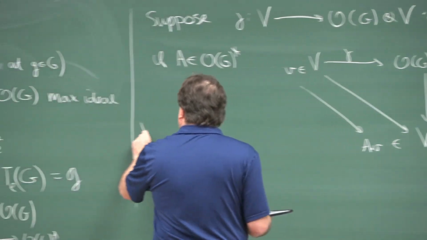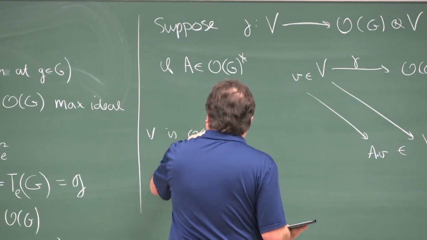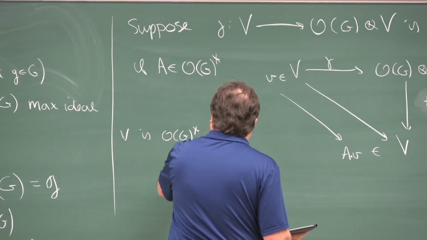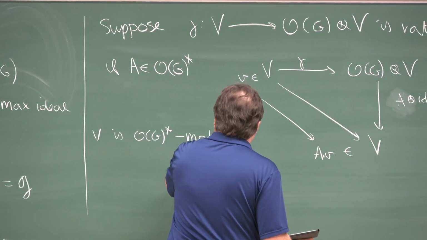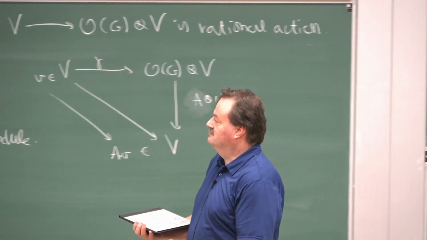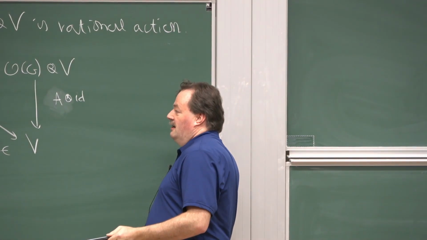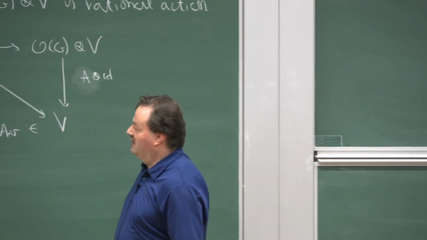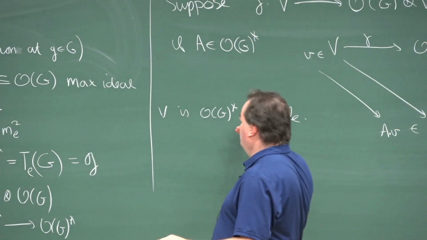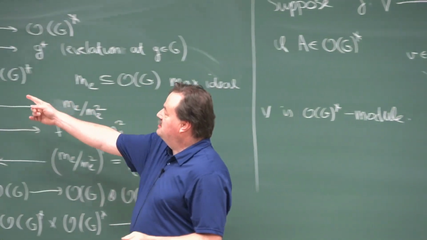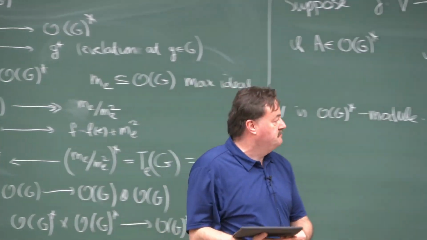So V is an O(G) dual module. This also defines an action of the Lie algebra on V, and in particular an action of the Reynolds operator.